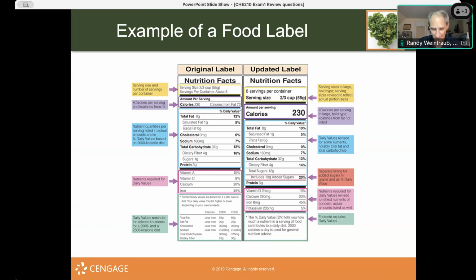And the basic principle is that if we want to put on muscle or weight of some type, then we need to consume a little more kcals and maybe protein than we use in our activity and our basal metabolic rate. If we're trying to, on the other hand, lose weight, then it's the reverse. We want to intake fewer kcals than we burn.